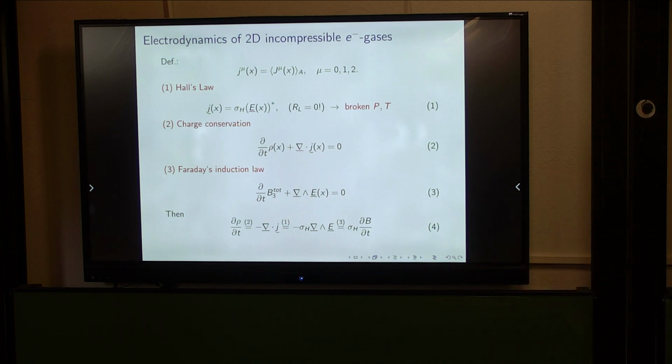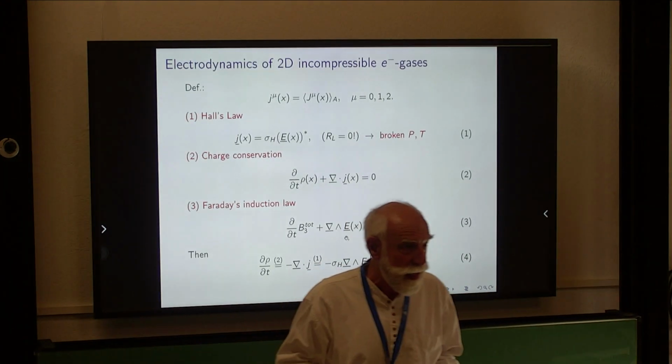It is important that this fundamental law, well, 1 is not a fundamental law, it's a phenomenological law, but 2 and 3 are fundamental laws. These 3 laws imply something about time derivatives.